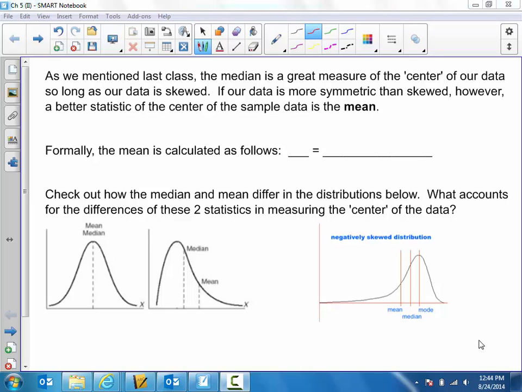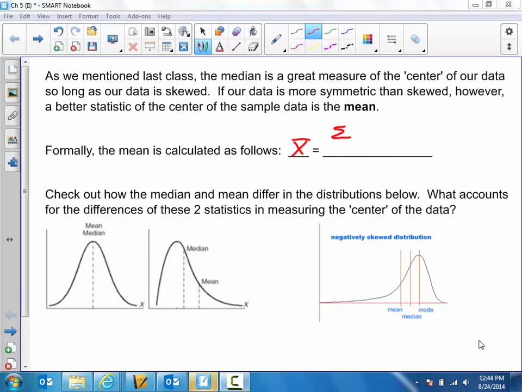Formally, the mean is calculated as follows. We say that the mean is x bar. The x refers to all the data values, with the variable represented by x. So x could be the height of students in a statistics class. x bar is just going to be the statistic computing that mean.